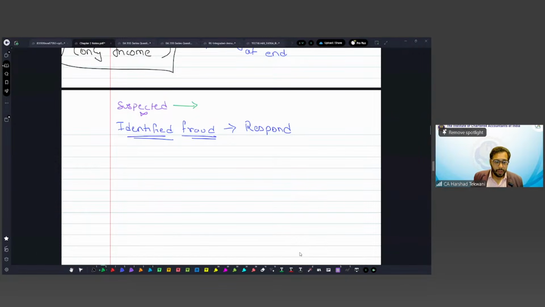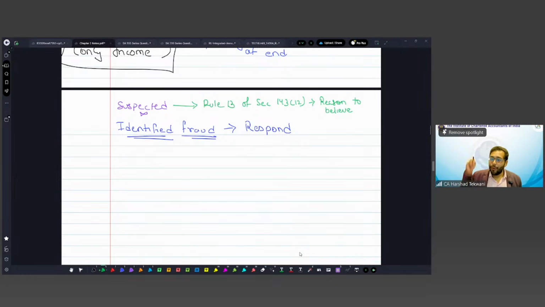Remember we discussed Rule 13, Section 143 subsection 12, where we discussed reason to believe. Reason to believe, expected amount involved or amount expected to be involved. Yes or no?